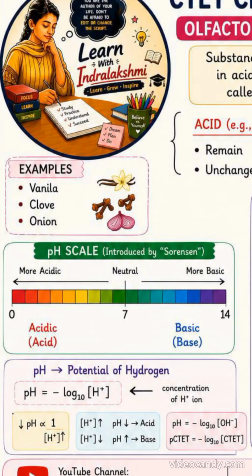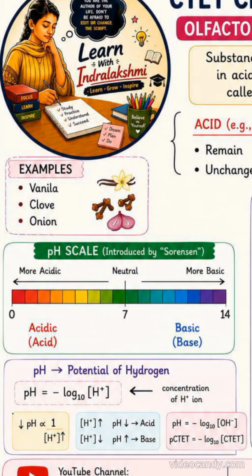Here pH means potential of hydrogen. pH can be calculated by minus log base 10 [H+]. Here H+ in square brackets indicates the concentration of hydrogen ions. We can say that pH is proportional to 1 by [H+].